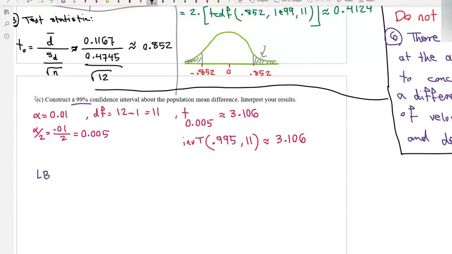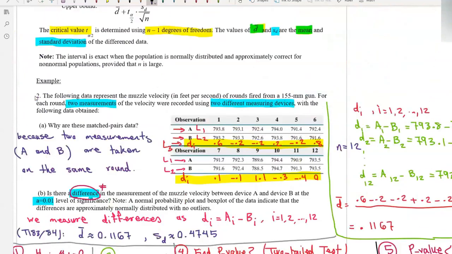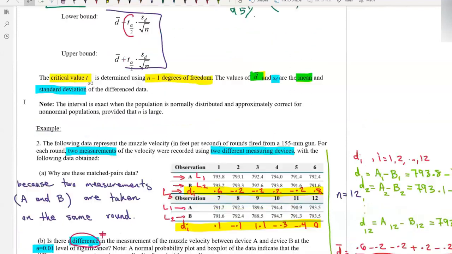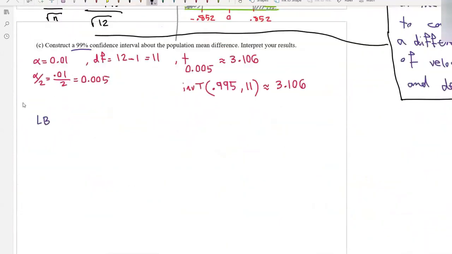So lower bound, I'm using these two here on top. The lower bound is d bar minus t times, as always, on top we have standard deviation, and here is square root of sample size. So upper bound, now we have to add.